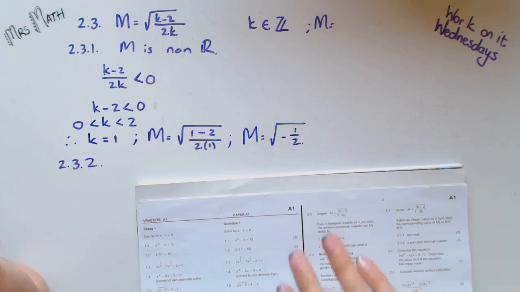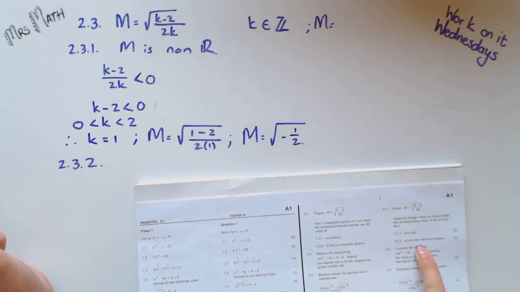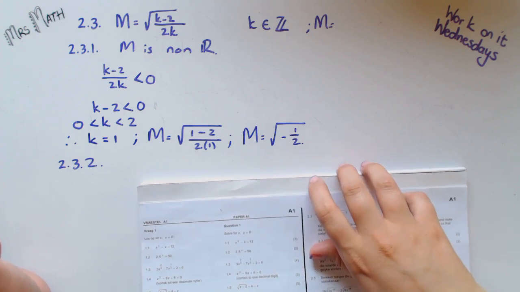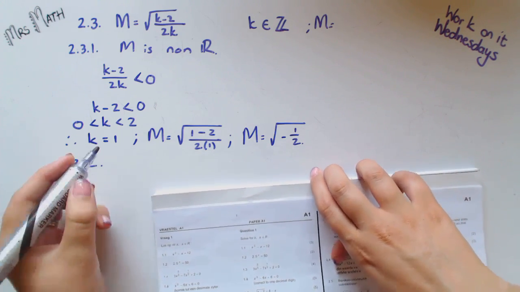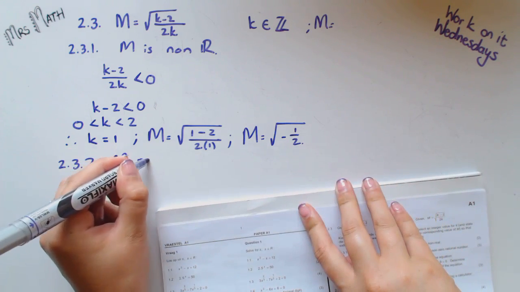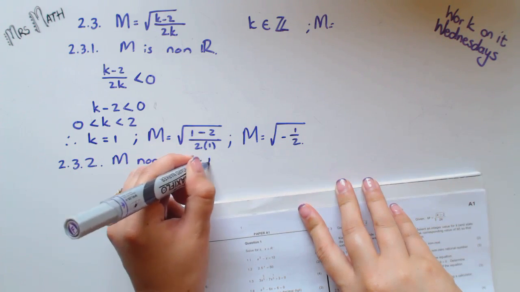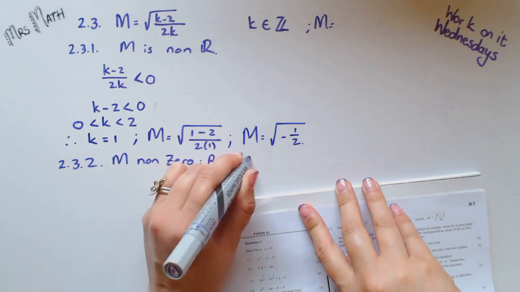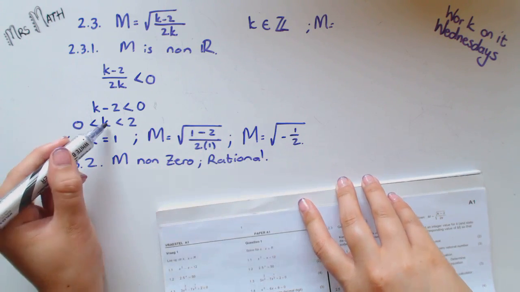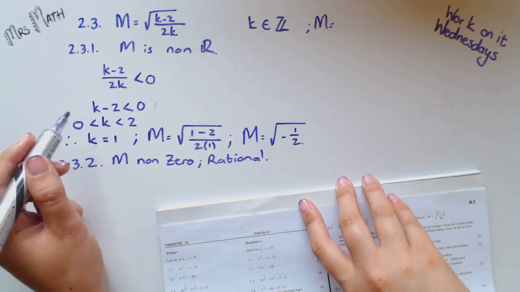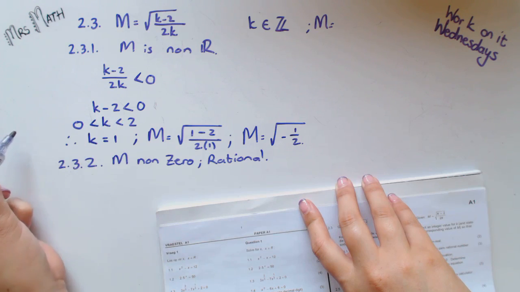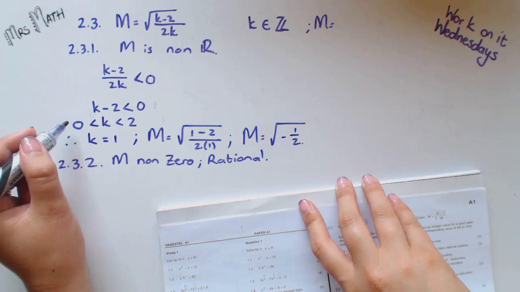2.3.2 says a non-zero rational number. So if I want my m to be a non-zero rational number, then it must not be non-real.